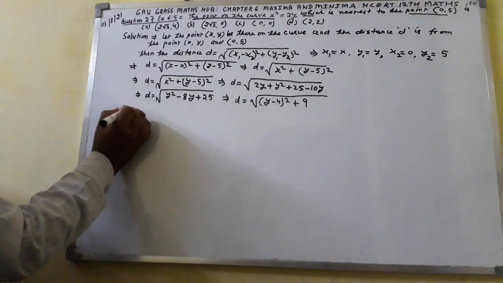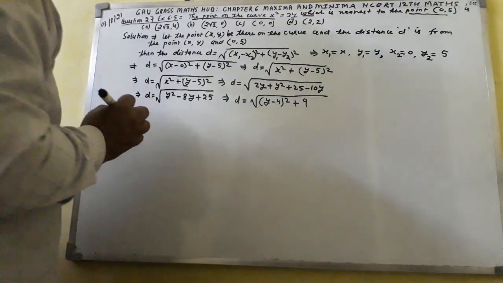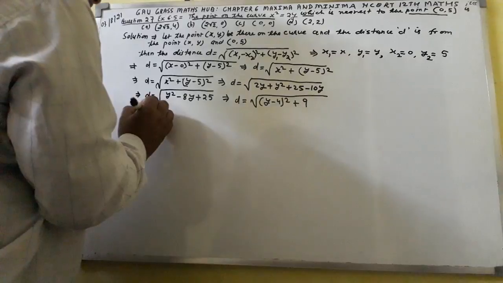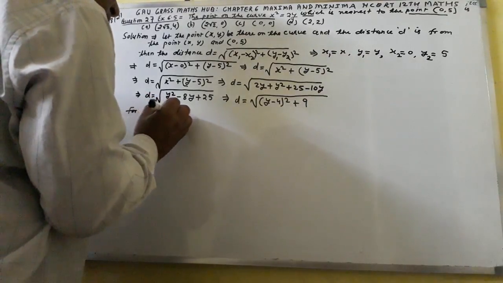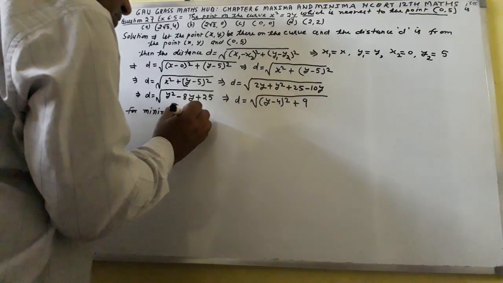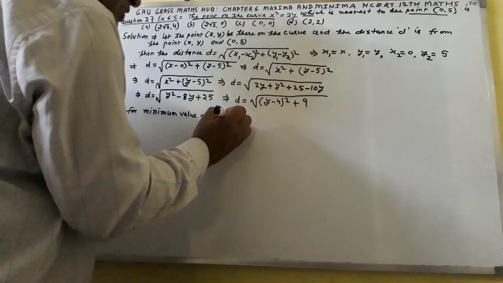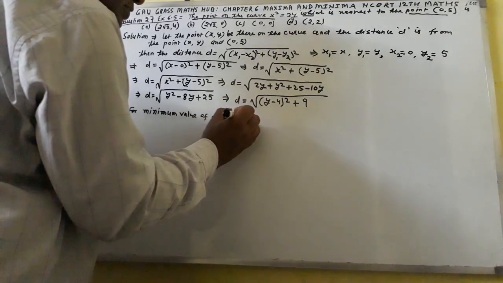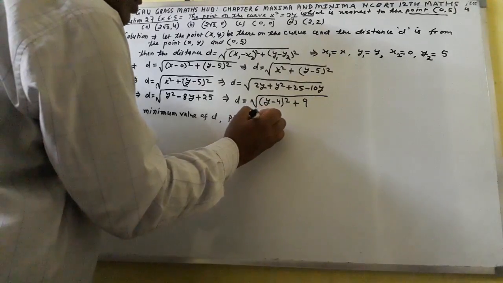Now what we will do is, here I shall write, for minimum value of d, put y equal to 4.